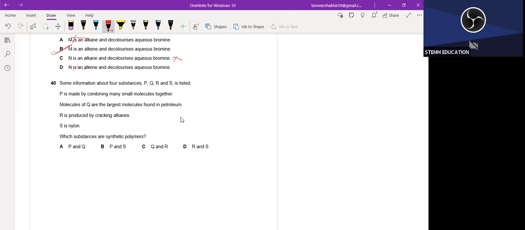Which substances are synthetic polymers? So P is made by combining many small molecules together, and nylon is an example of a synthetic polymer. So this one. I hope guys you understood this lecture very well.